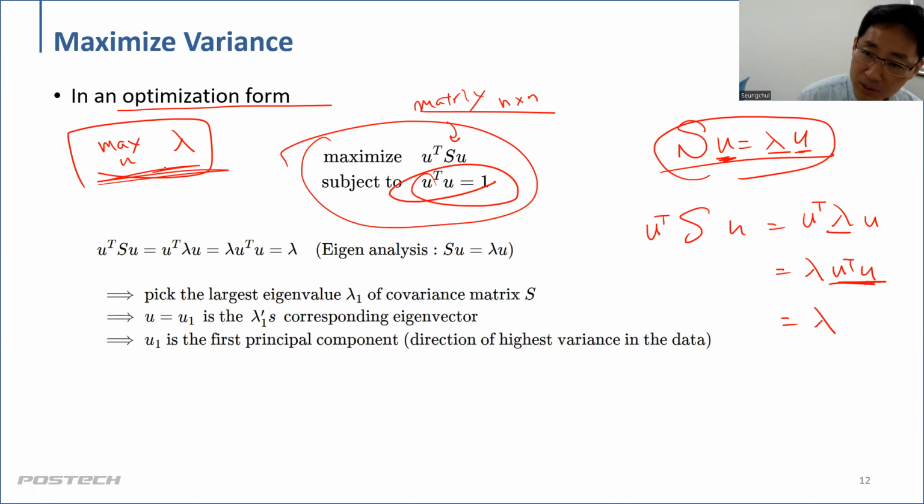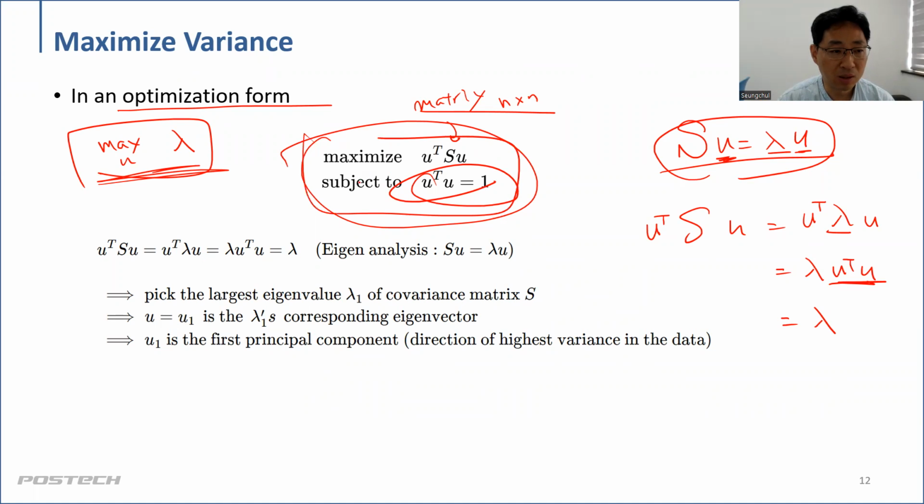This is not intuitive. But it turns out it's the same as: given S, conduct eigenanalysis, and you will find eigenvalues and eigenvectors at the same time.